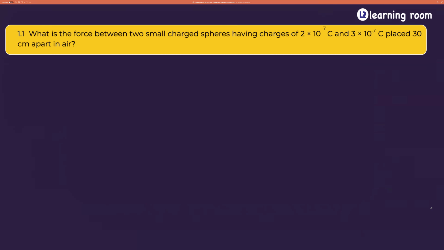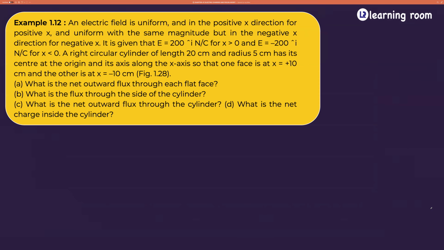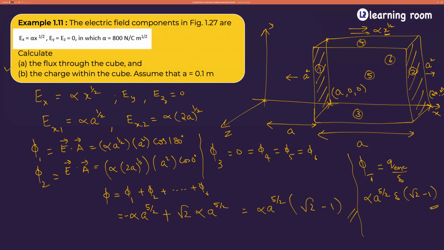Doubt? From where? They have given it, no. Yeah, they have given alpha into x power half. Depending on the charge, if it is a positive charge it is to the right, if it is a negative charge it is to the left.